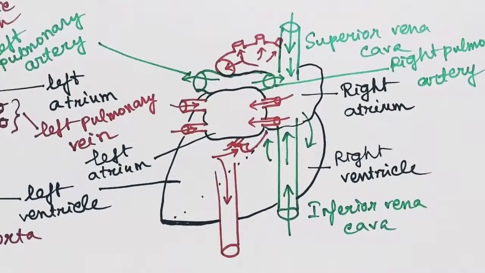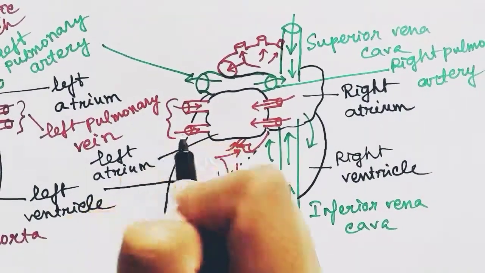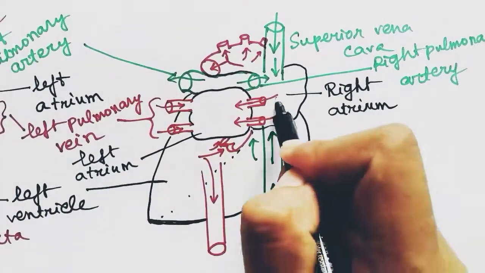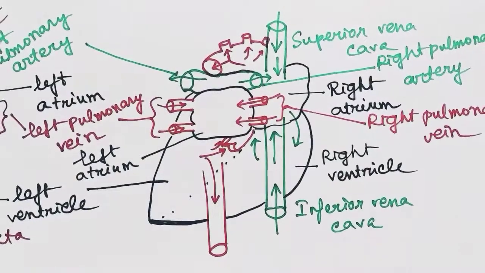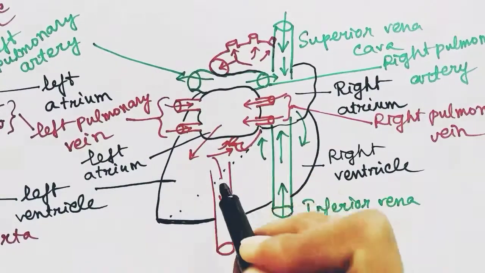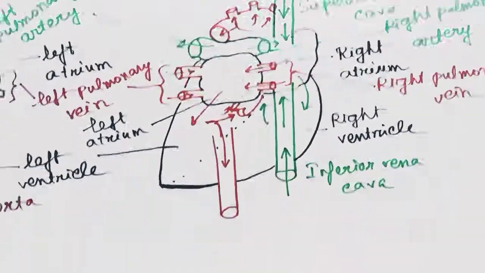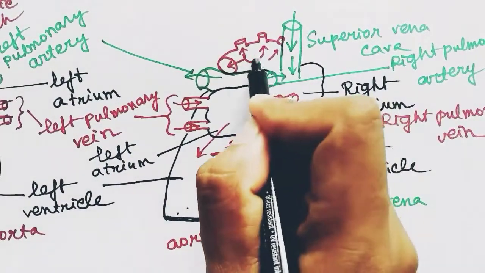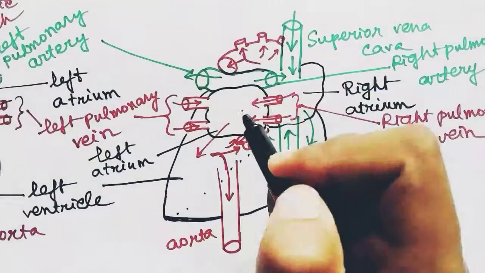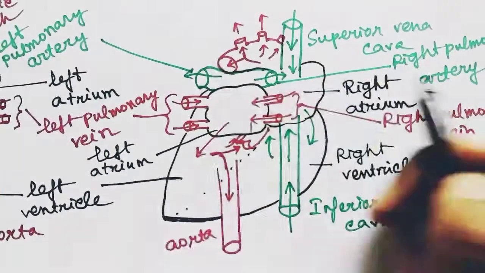And from the lung, via the left pulmonary vein and right pulmonary vein, it will enter the left atrium, then to the left ventricle, and it will be pumped to the body parts via the aorta, forming the aortic arch in the upper part.